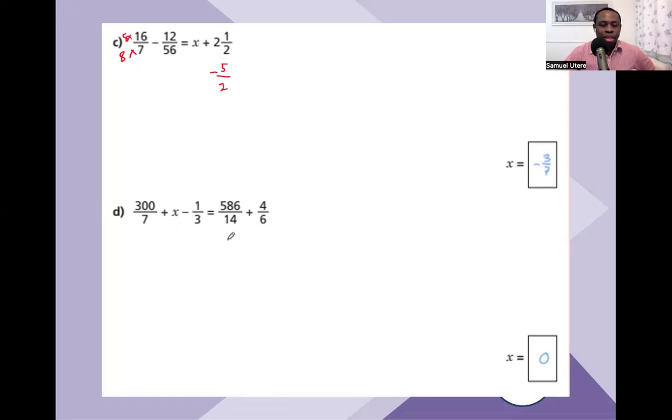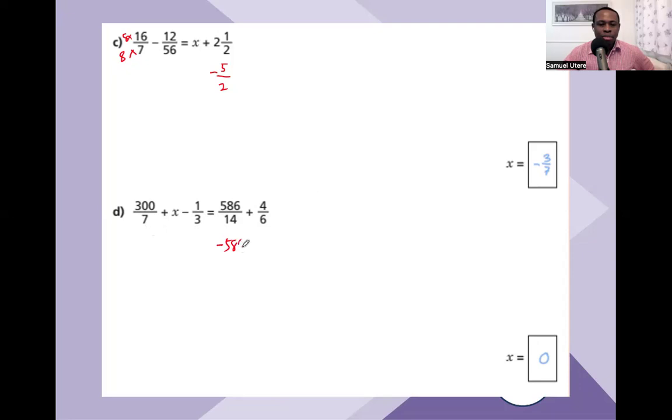This one is a case of bringing things together that are similar. So the first thing I would do is, on the left-hand side, I would subtract 586 from both sides. The reason I'm doing this is because you can see 7 and 14, they share a common multiple.